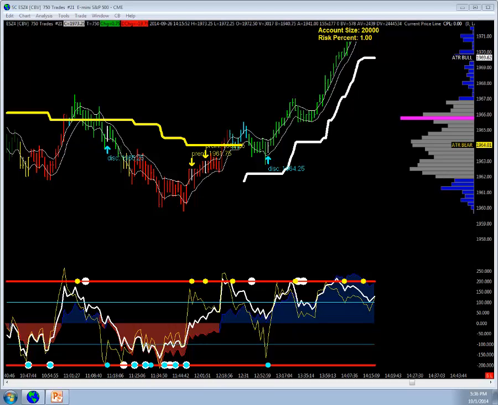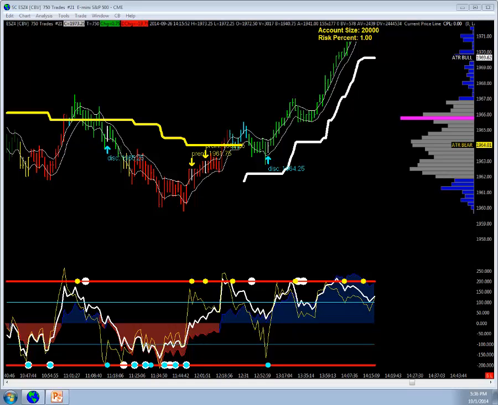Okay? Now, on the flip side, if you have a bear ATR line and you have a premium, you want to be looking to take that trade, especially if the premium is developing in the early part of the move.